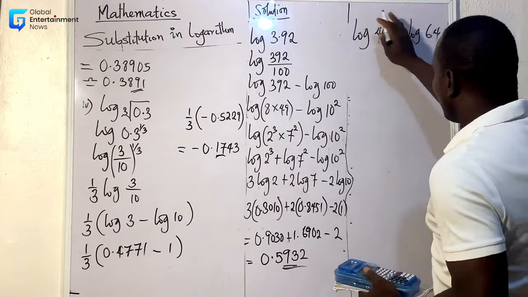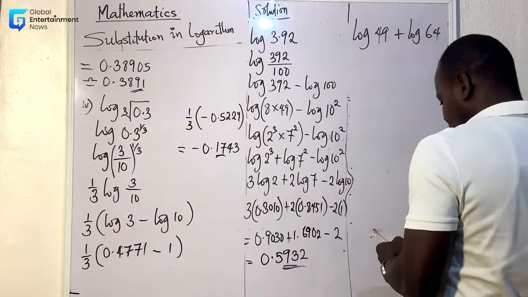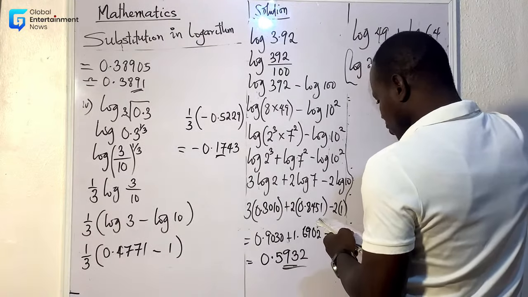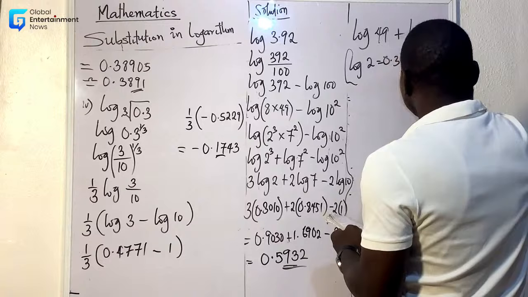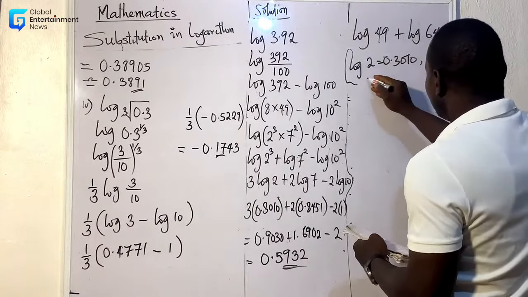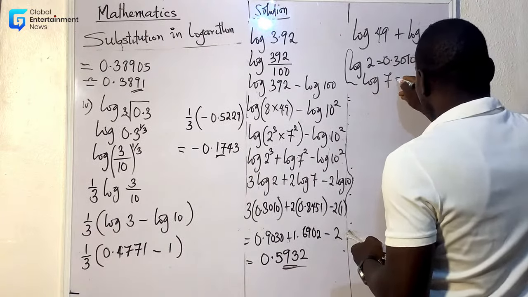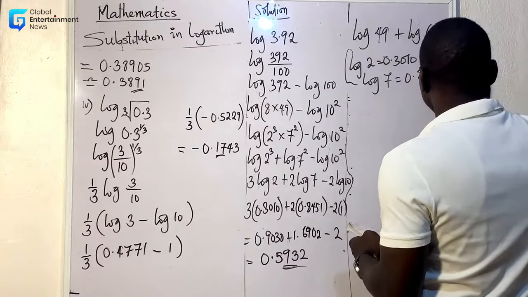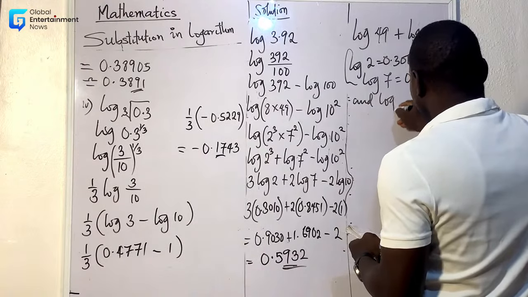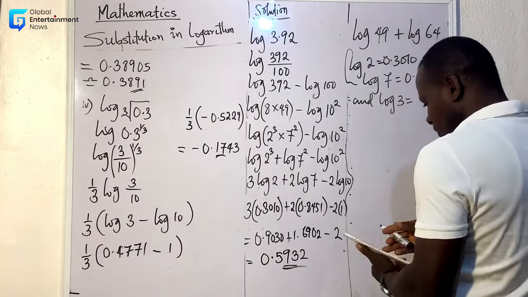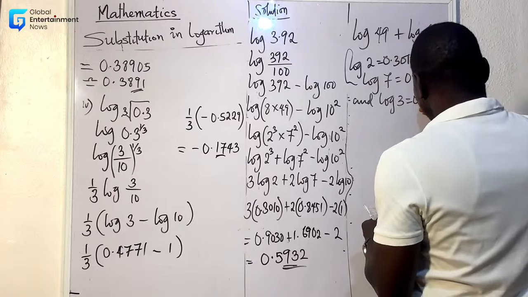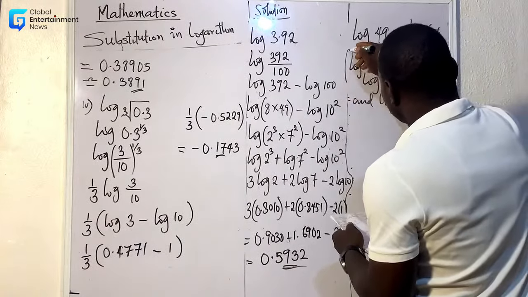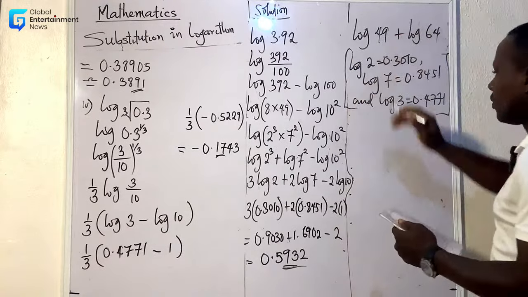Given what we have before, use this. Given log 2 is equal to 0.3010, log 7 is equal to 0.8451, and the last one, log 3 is equal to 0.4771. So use this to solve this question.